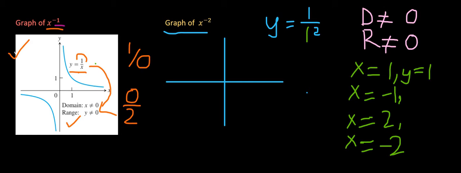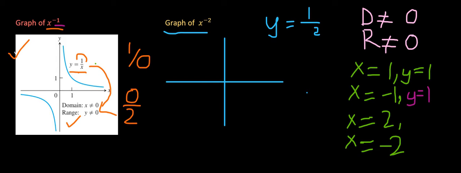Let me change the color so that it will look a little bit more colorful. So next I'm going to use negative 1, and as I said before, our y will always be positive, and that will be positive.